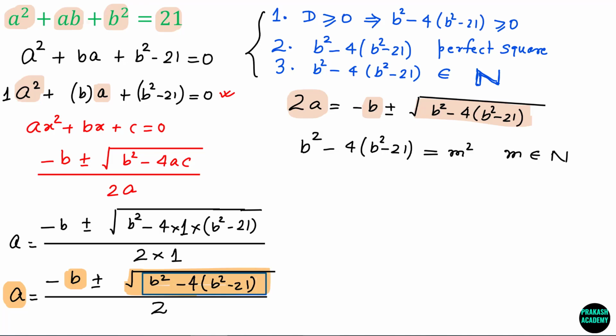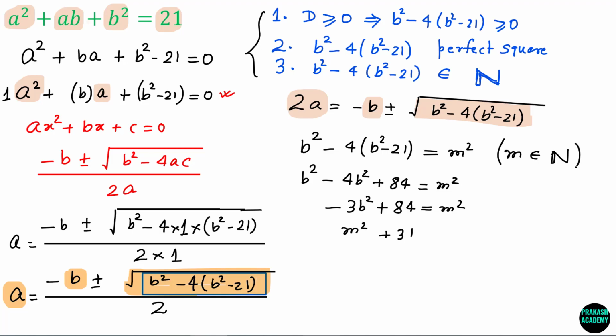So m is basically a natural number. Now let us expand a little bit. So we will have b square minus 4b square plus 84 is equal to m square. Now this is b square minus 4b square, which is minus 3b square, plus 84 is equal to m square, or I can say m square plus 3b square is equal to 84.